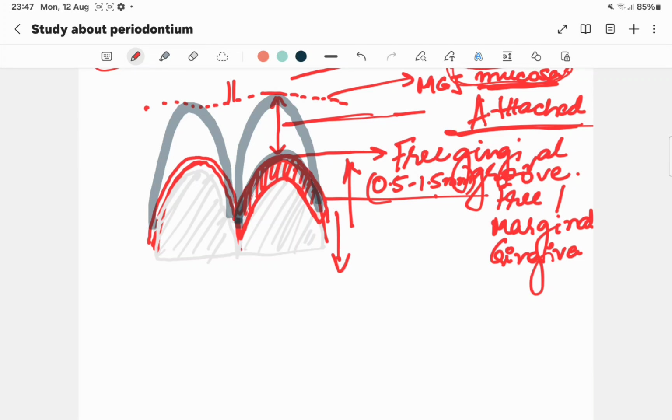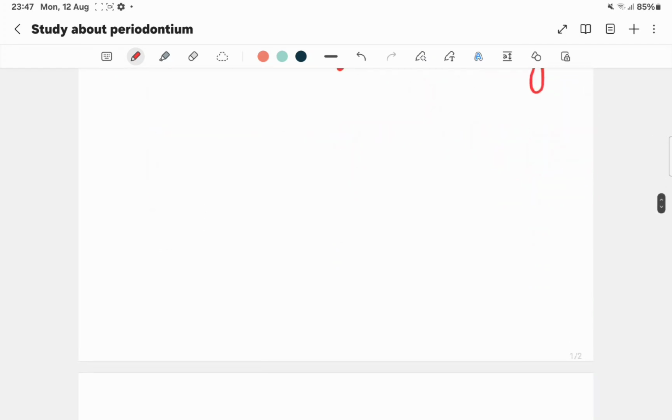This is the labial portion of the bottom of the gingival sulcus. Now what is the gingival sulcus?